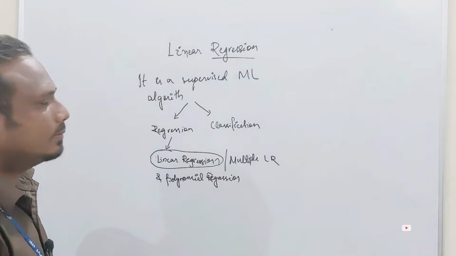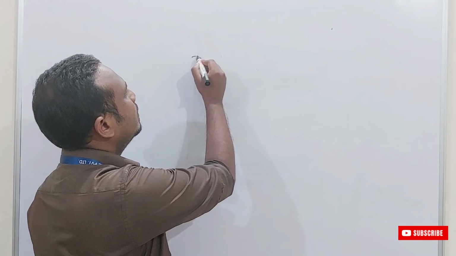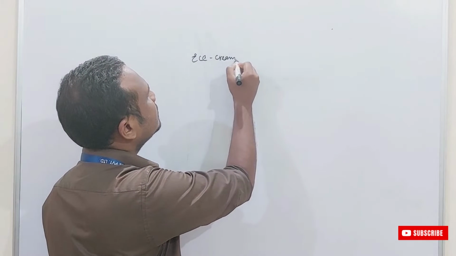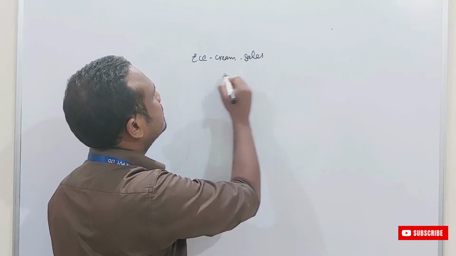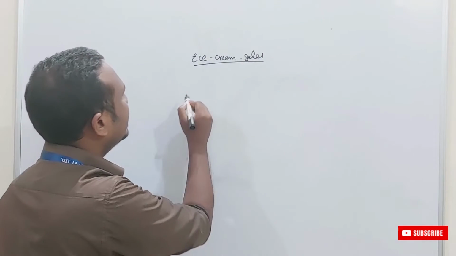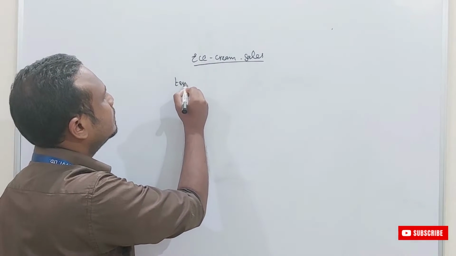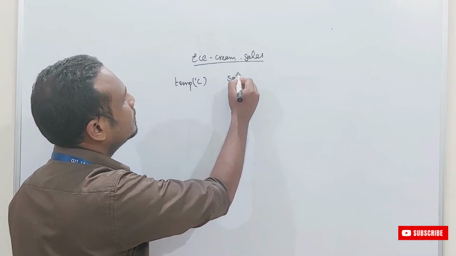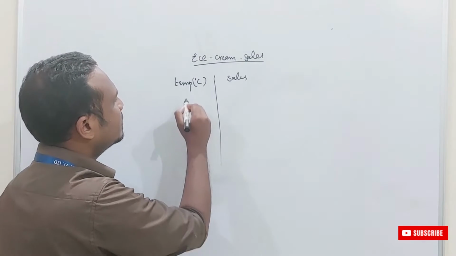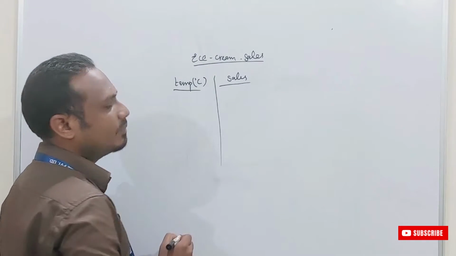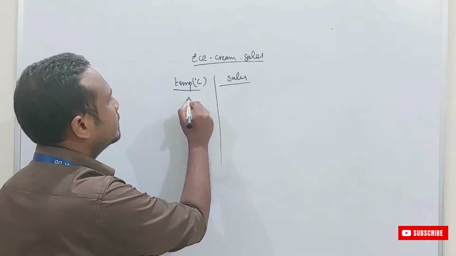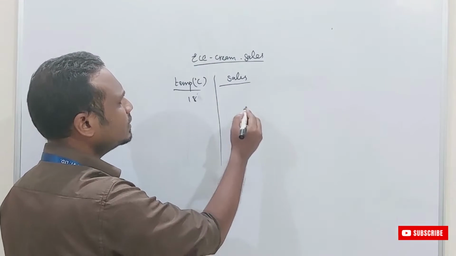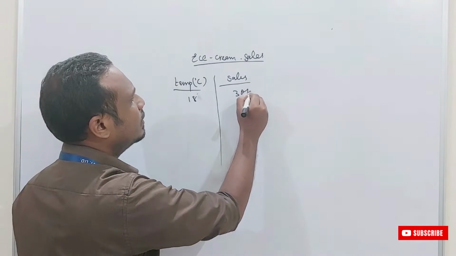So let's start. Let me take a data set on ice cream sales. This is my data set: temperature in degrees Celsius and sales. Suppose there are some rows: 18 degrees Celsius, sales is around 30k.